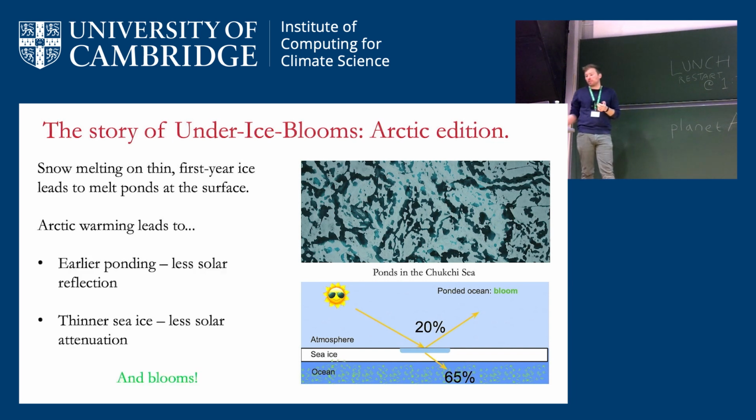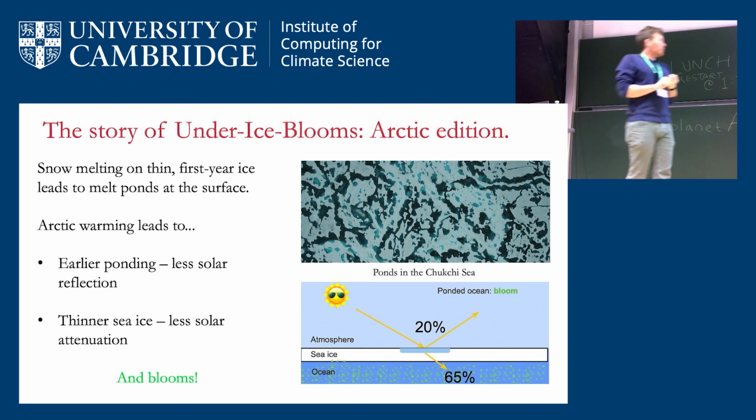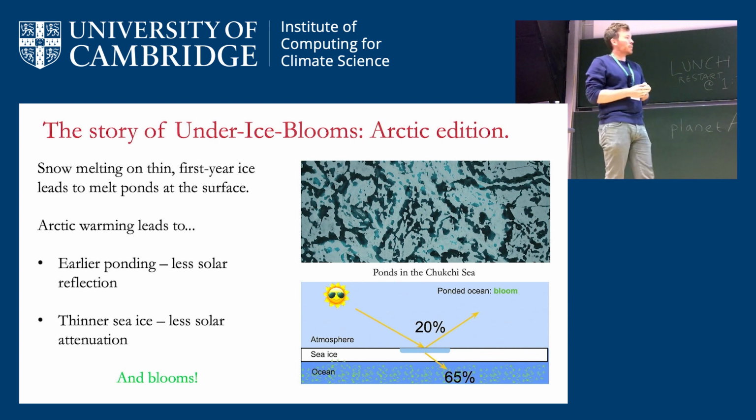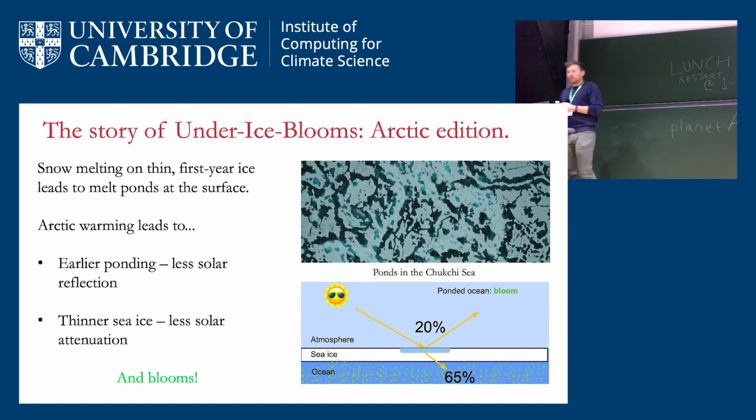And so in the Anthropocene, we've seen 2 things happen. First, that this ponding, the melting of the surface of the sea ice, is occurring closer to the peak of the solar cycle, so in June or July. And the ice is getting thinner, so the sunlight that gets to the surface is not absorbed inside the sea ice anymore, so you get a lot more solar radiance in the ocean.